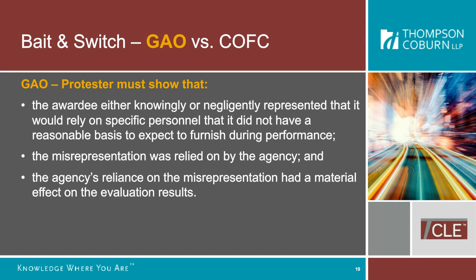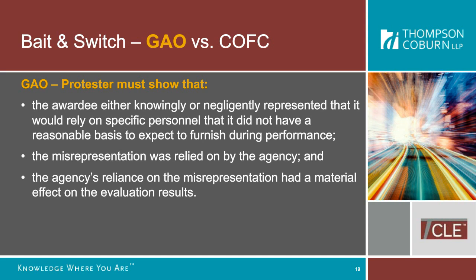According to the GAO, to establish an impermissible bait and switch, the protester has to show, as you see here on the slide, a knowing or negligent representation that it would rely on specific personnel that it didn't have a reasonable basis to expect; the misrepresentation was relied on by the agency; and the agency's reliance had a material effect on the evaluation results. These are effectively the misrepresentation side of a bait and switch.